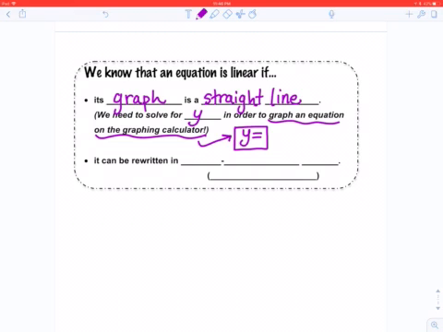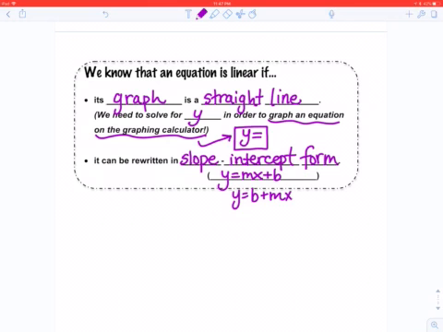Another way to know that an equation is linear without using the graphing calculator is to look and see if it can be rewritten in slope-intercept form. And remember, that looks like y equals mx plus b, or y equals b plus mx.